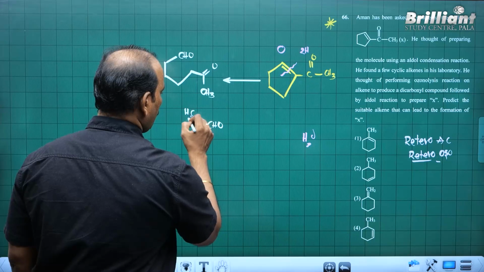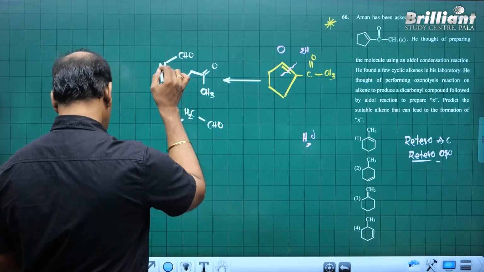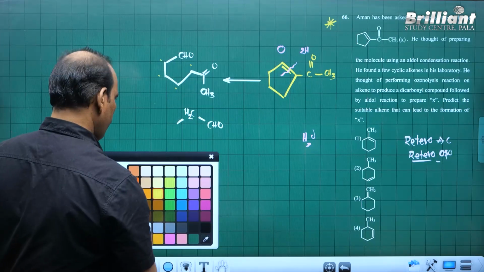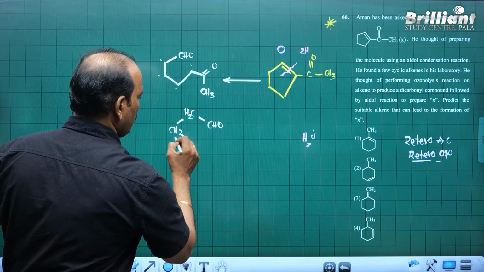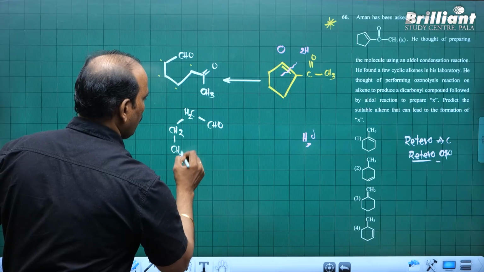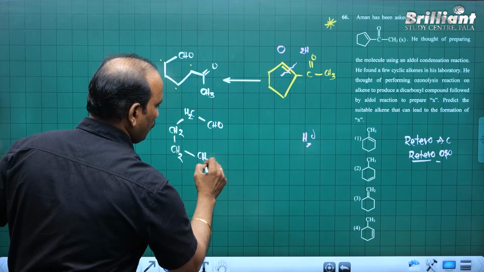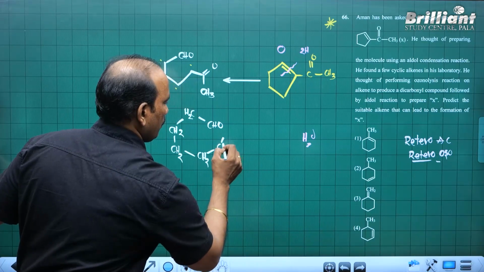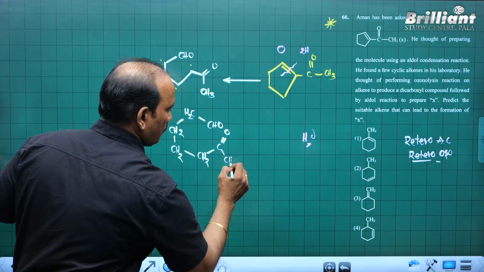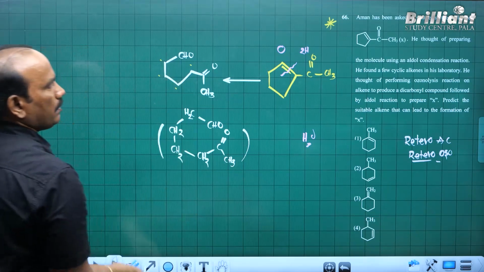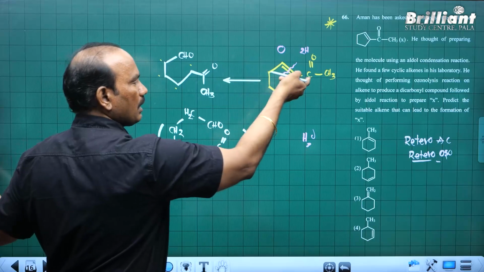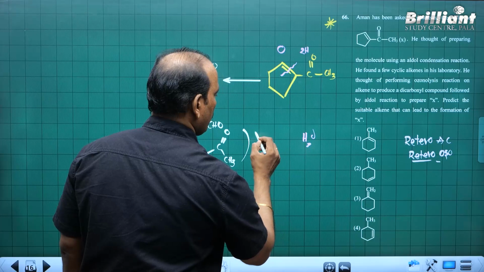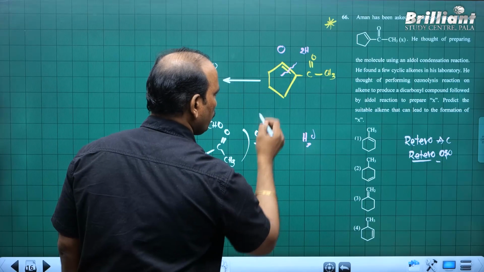Here CH2. How many CH2 groups are there? 1, 2, 3, 4. So CH2, CH2, CH2, CH2, C double bond O, then this is CH3. Clear? This is subjected to Aldol condensation. This, treated with dilute base and heated, we get that one.